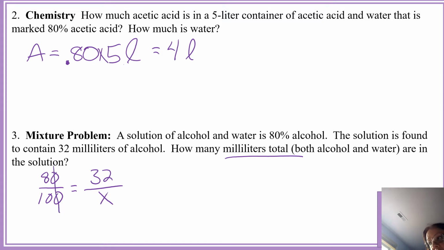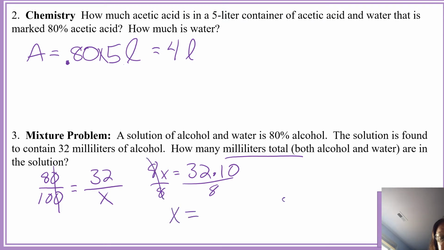I can divide out the 10 right there. I have 8x equals 32 times 10. If I divide both sides by 8, I get 4. So x equals 4 times 10, or 40. 40 milliliters total. Okay?